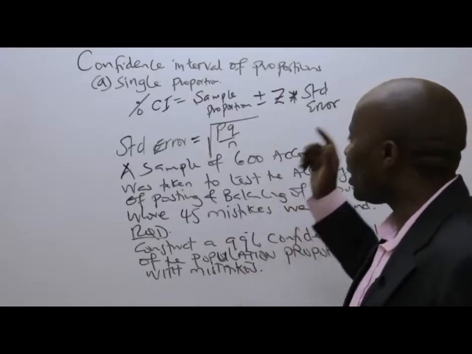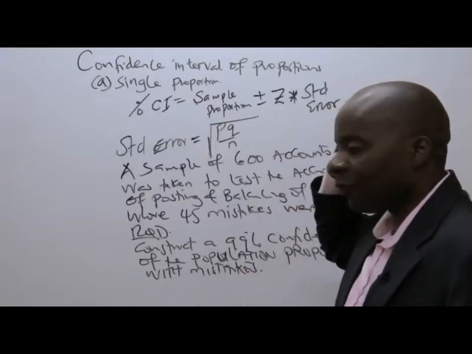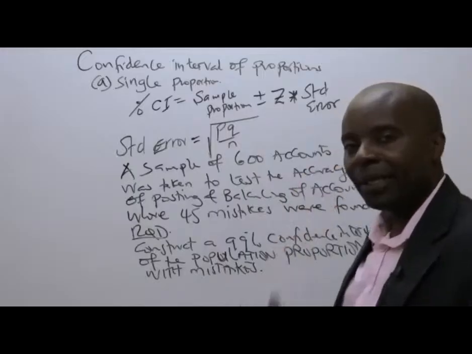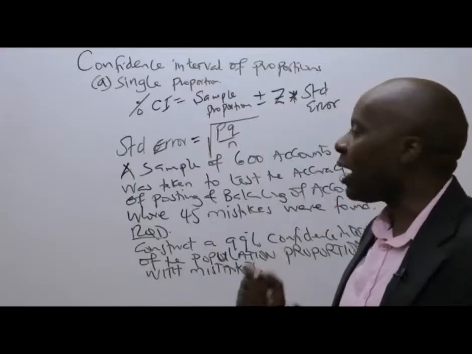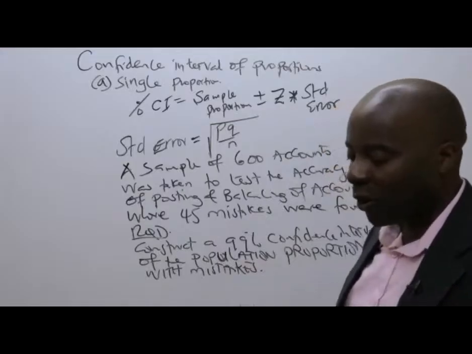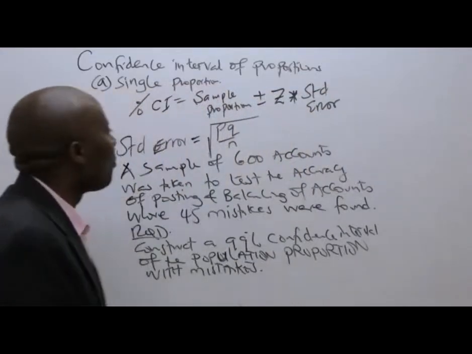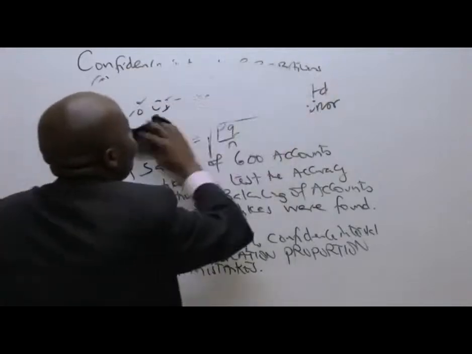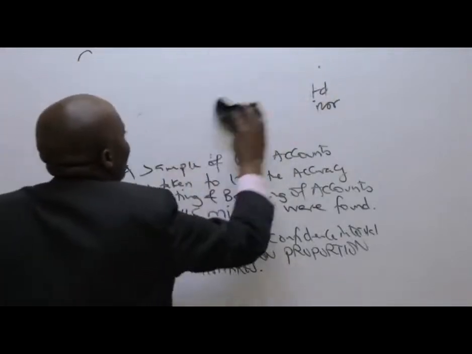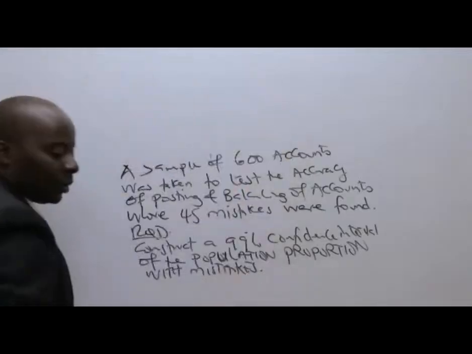And out of these 600 accounts, 45 of them have mistakes. So give me the sample proportion with mistakes.